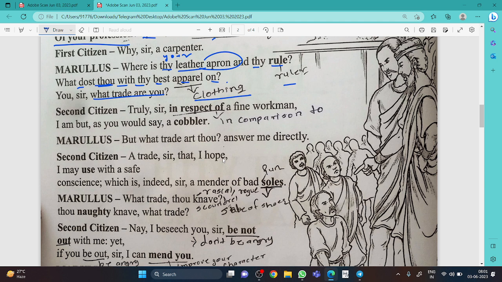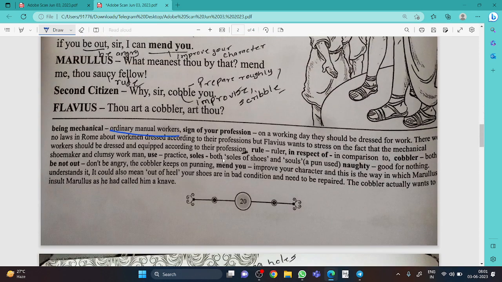I think how funny Marulus is, that Marulus already knows about that citizen, that he is related to the leather business, but still he is asking, what trade are you? So the second citizen said, truly sir, in respect of a fine workman, I am but, as you would say, a cobbler. In respect of a fine man, why did he say?